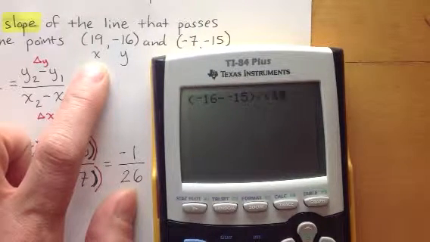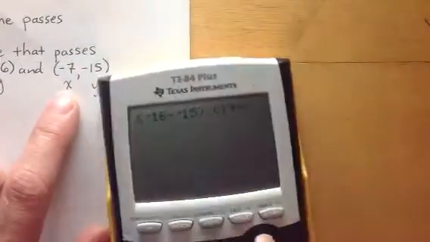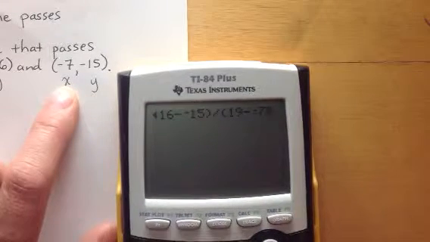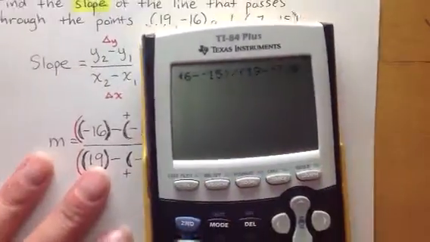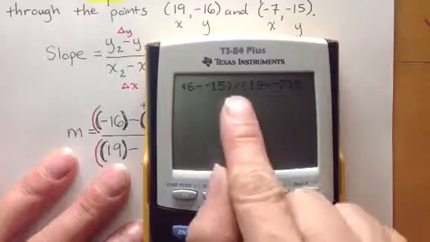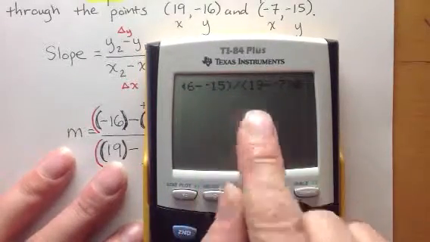The left one, 19, minus the right one, negative 7. Close the parentheses. I'm using these parentheses around the numerator and the denominator to tell the calculator to do the fraction last.